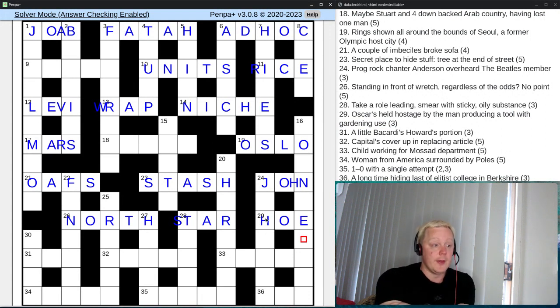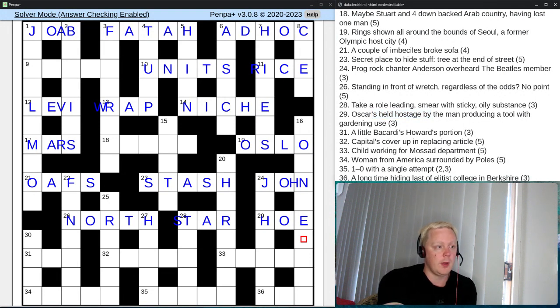And there's another way of reading this, and that is Oscars, like this apostrophe S, can be part of this indicator, right? Something is held hostage by. All of this was the indicator.